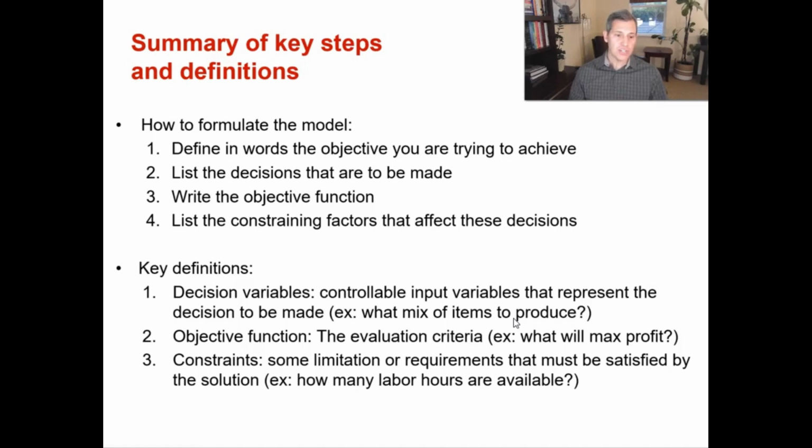Our objective function is the evaluation criteria. And our constraints are our limitations or requirements that have to be satisfied by the solution. So the decision variables, what mix of items to produce; the objective function, what will help me maximize my profit; and our constraints, how many labor hours and machine hours do I have that are available to me. So those are your key definitions.